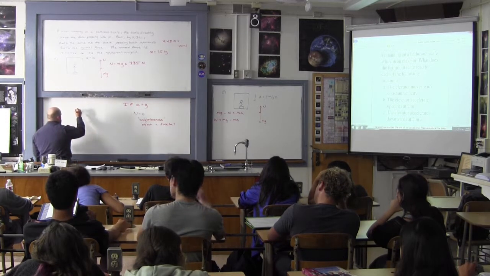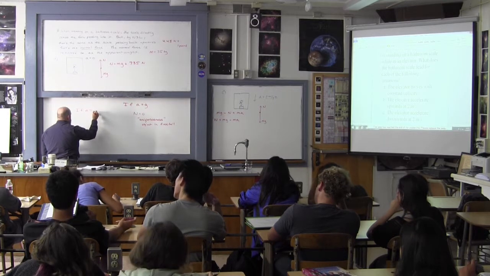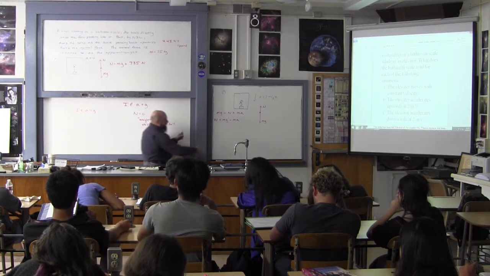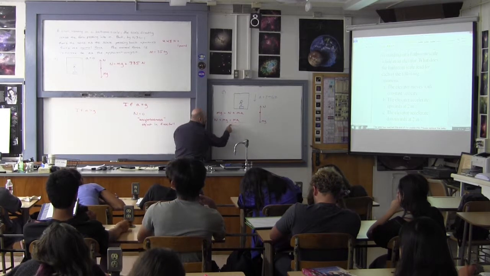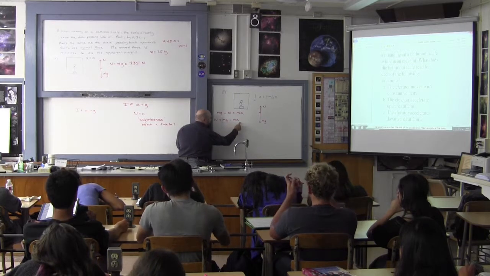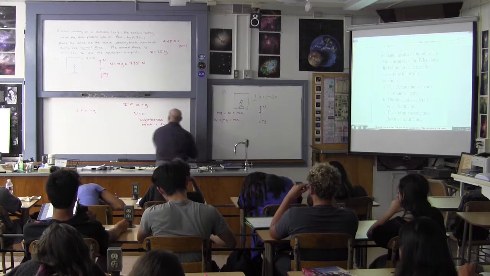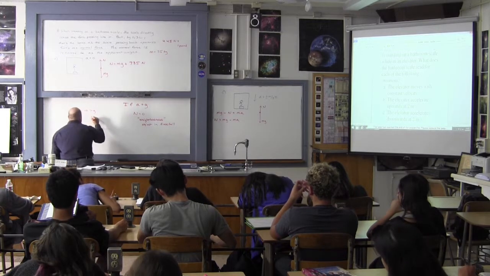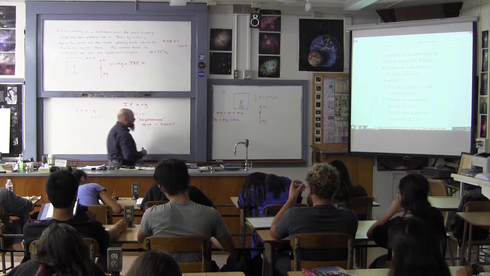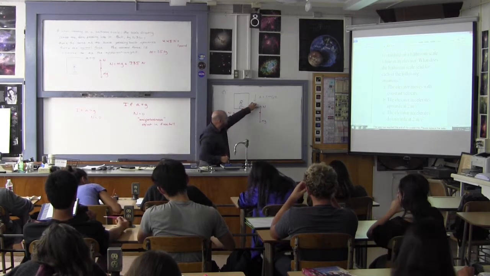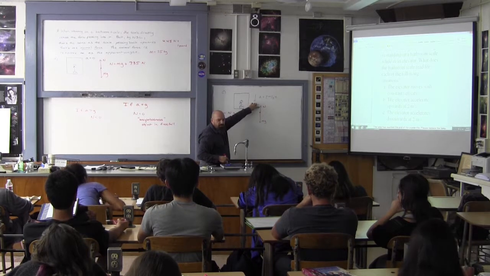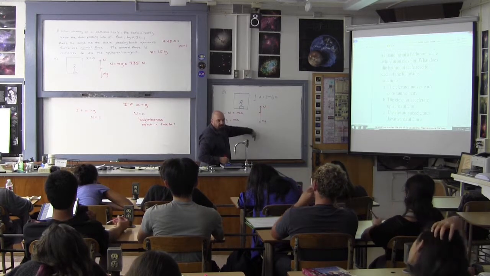Well, what happens in my equation numerically here? If the acceleration is bigger than g, what kind of number do you get? Negative. You get a negative number. Now, if you get a negative number, what does that mean about the direction of the normal force vector? It's not upwards, it's downwards.